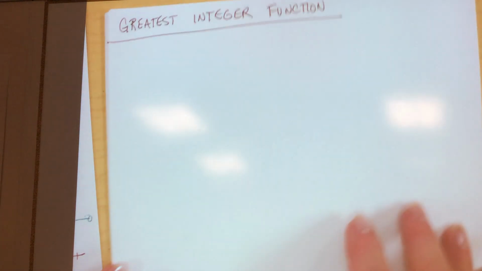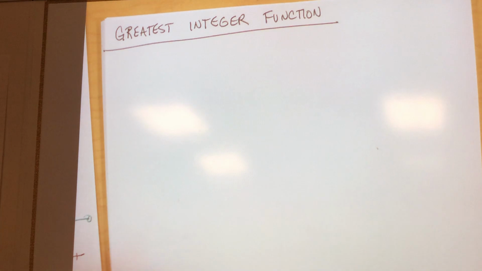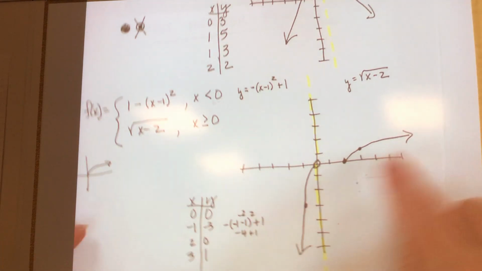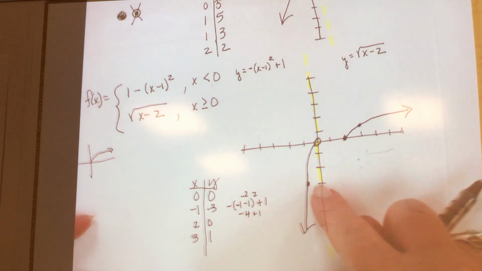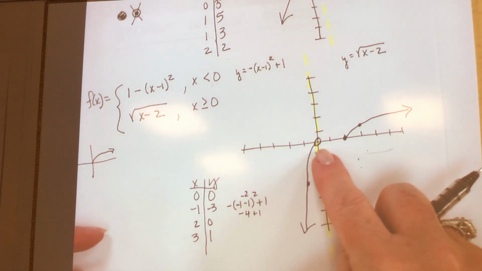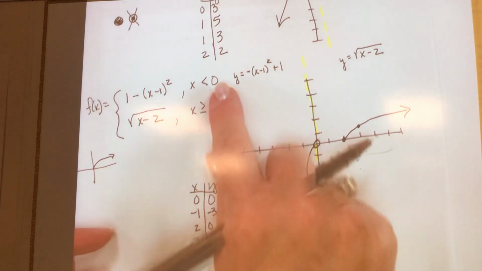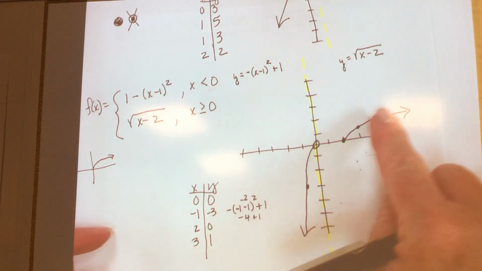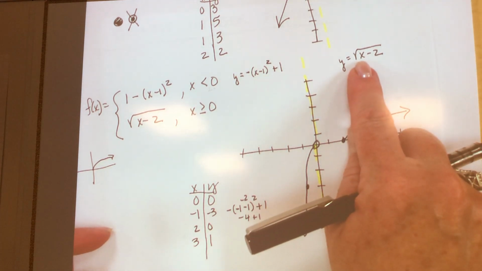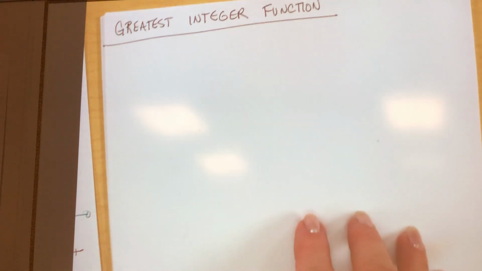Because if you can graph the parent function, didn't I just show you that you could graph any of them? That's what we did here. We took the parent function of the parabola and did all these transformations on it. We took the parent function of the square root and then did those transformations on it. That's the same thing. That's the way I'm going to do the greatest integer function.